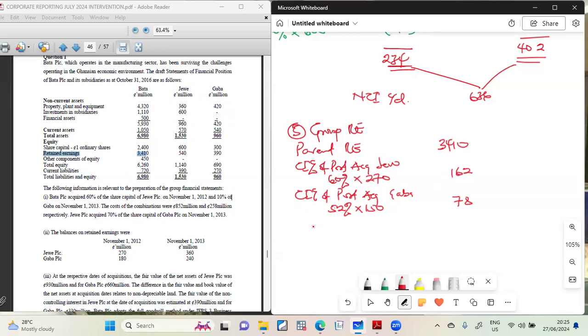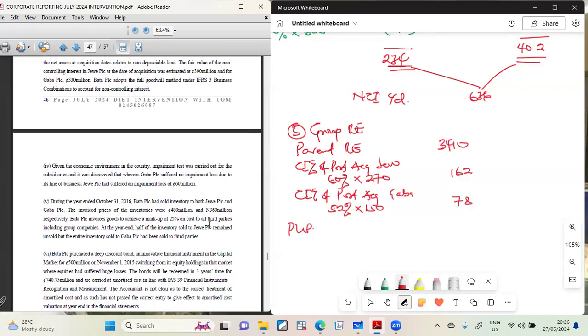Then the PAP, provision for unrealized profit. It was only one person who had it, because the other had sold everything. They sold inventory at a markup on invoice prices, and these invoice prices will be the selling price.